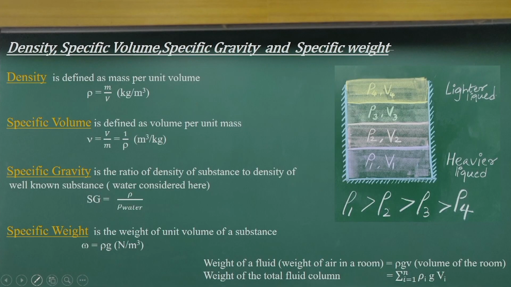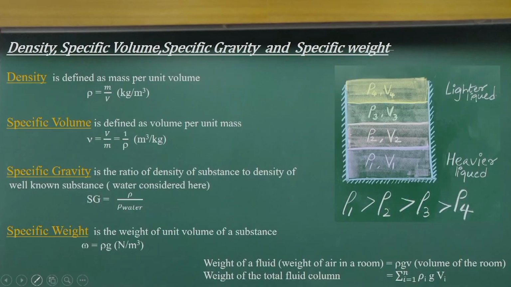That is the reason, as I told earlier, if I consider a small volume of the fluid and measure its mass, provided the sampling volume is larger than the limiting volume for the continuum hypothesis, and I take the mass of that fluid per unit volume, that is what is the density.